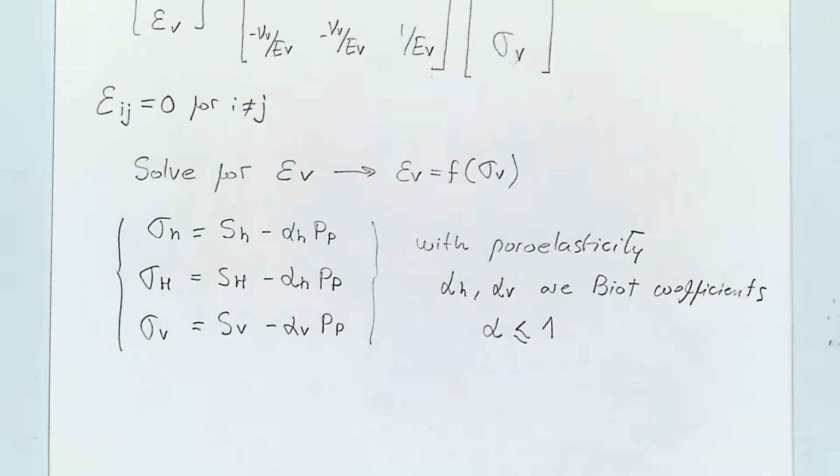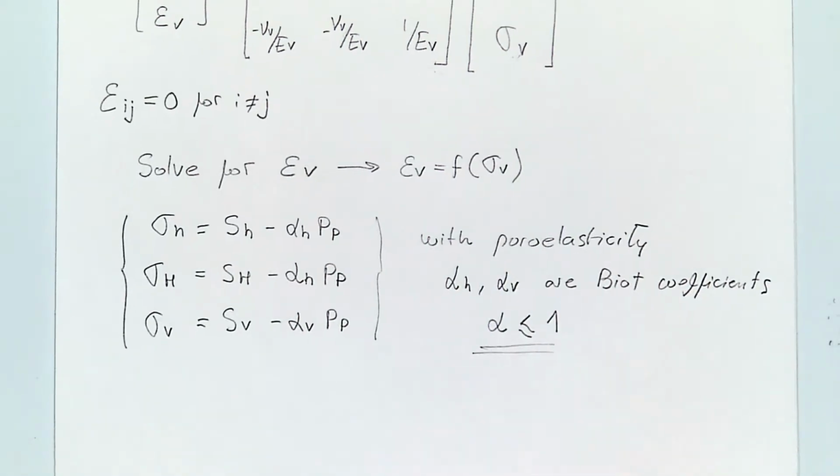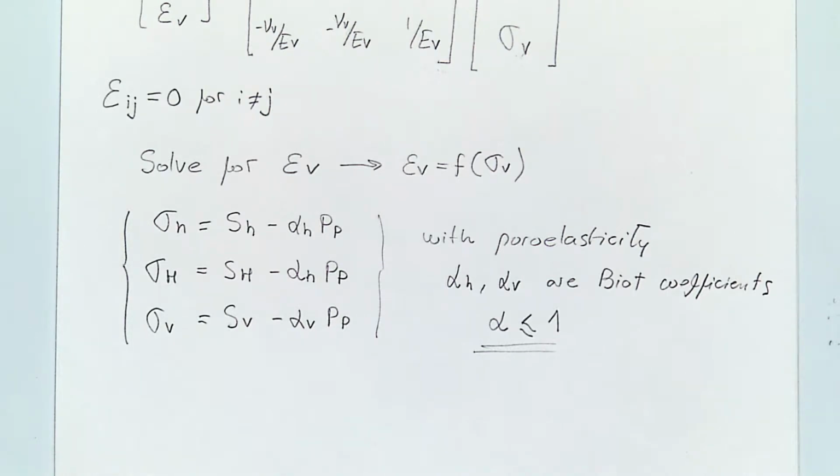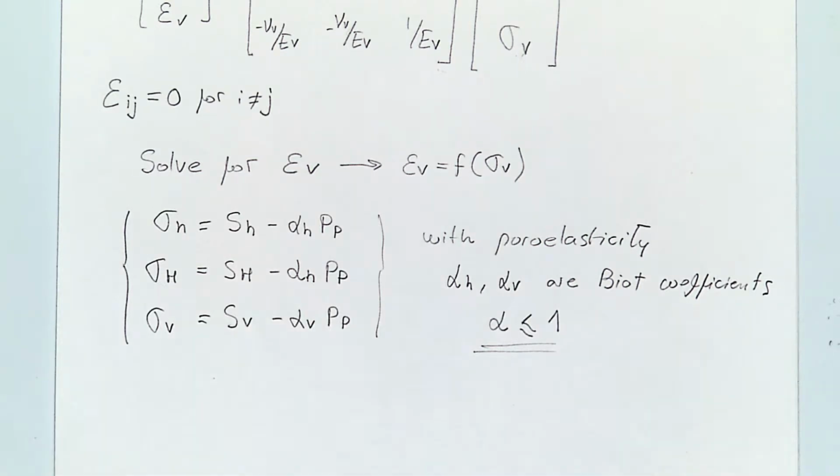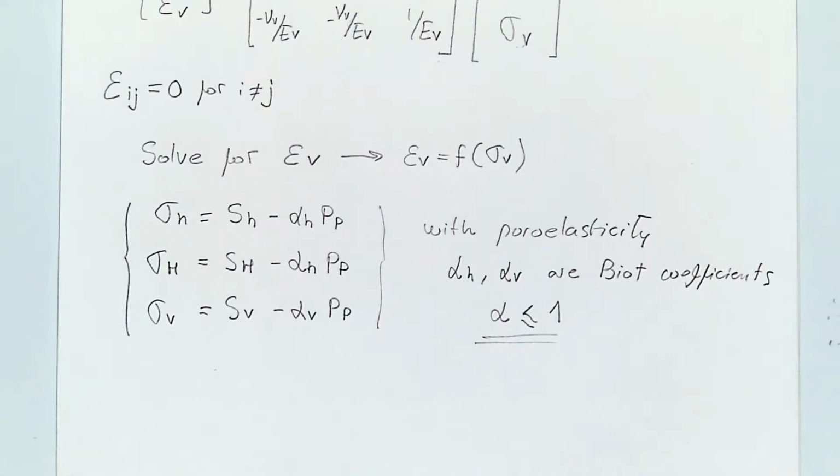We're going to see in detail how to measure this Biot coefficient later on. But in general, it's a value which is close to 1, and it corrects the effective stress equation to have a more accurate value that considers grain compressibility. All right, so that's the only thing that is new for now.